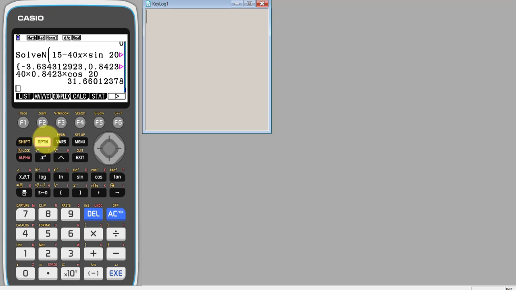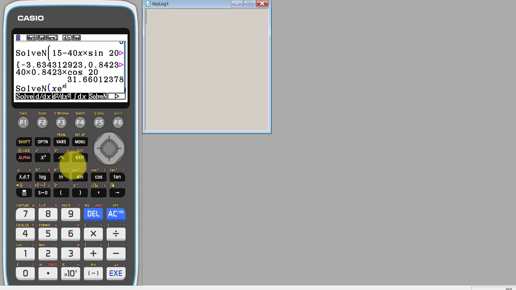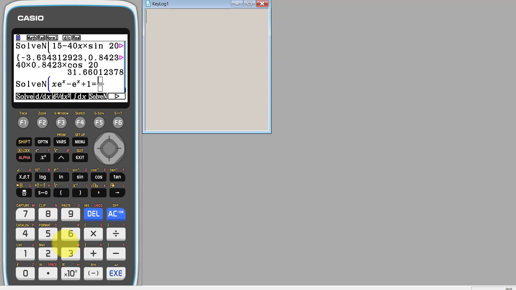In here I'm going to go into my options, calculate, solve numerically, and it was a, which I'm using as x, e to the a minus e to the a plus 1, shift equals, and it was 3a squared over 2, and I'm going to solve that for a, close brackets, and let's see what comes out.